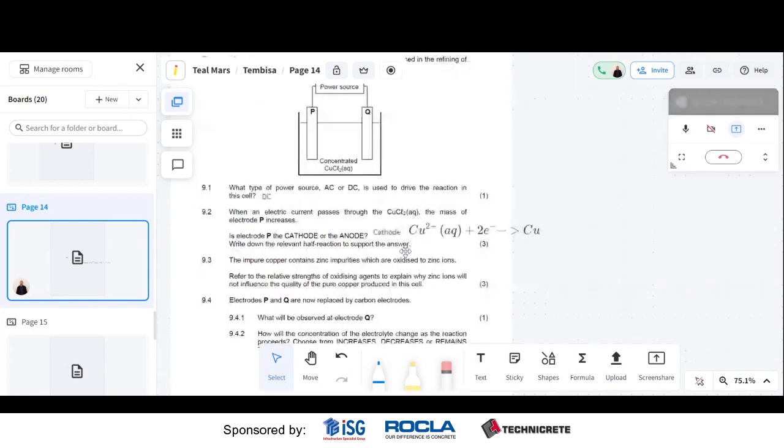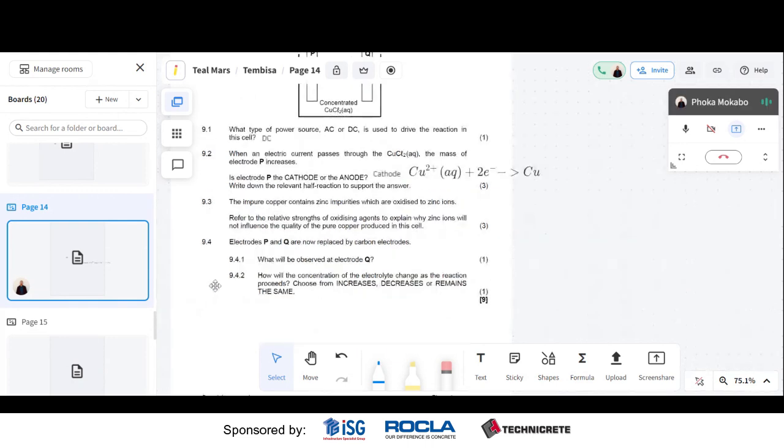Then they say the impure copper contains zinc impurities which are oxidized to zinc ions. Refer to the relative strengths of the oxidizing agents to explain why zinc ions will not influence the quality of pure copper produced in this cell.